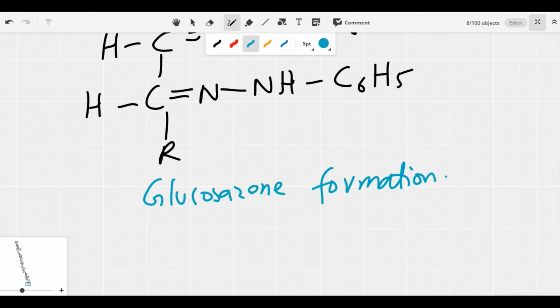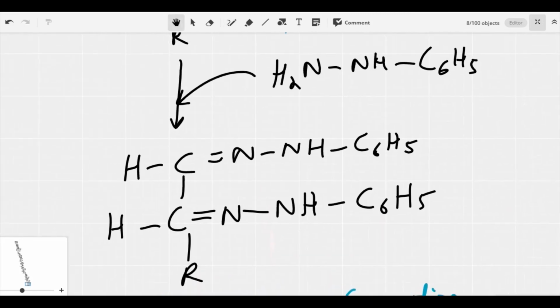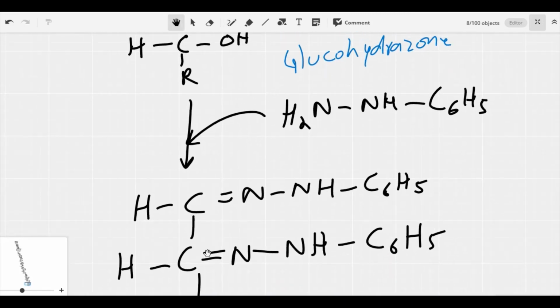R can be represented as C3 to C6. So remember, sugars that differ in configuration on these two carbons, C1 and C2 here, give the same osazone, since the difference is masked by the binding of phenylhydrazine.